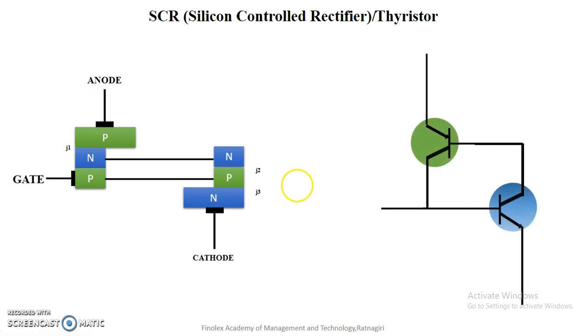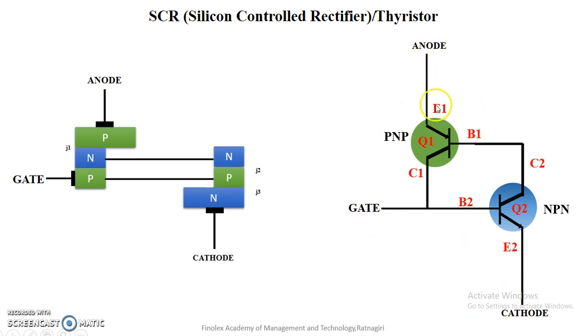For explanation I have taken this PNP transistor and this NPN transistor. I represent the PNP transistor as Q1 and the NPN transistor as Q2. These are the terminals of the SCR: anode, gate, and cathode.